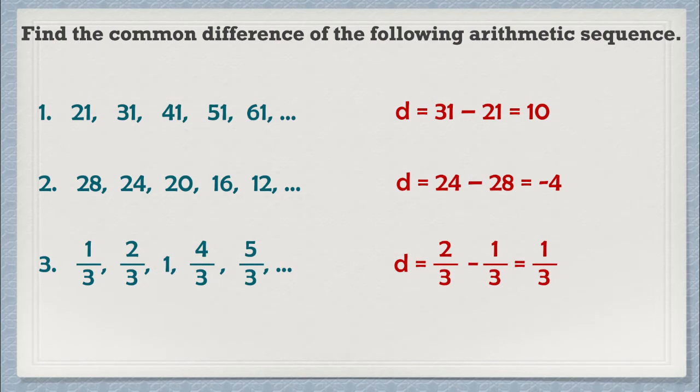So here, D is equal to 2/3 minus 1/3. That is equal to 1/3. Now take note that to get D, it's the term on the right minus the term on the left.